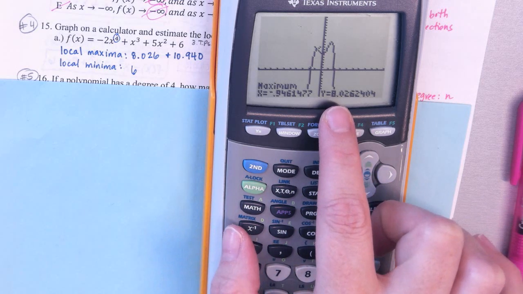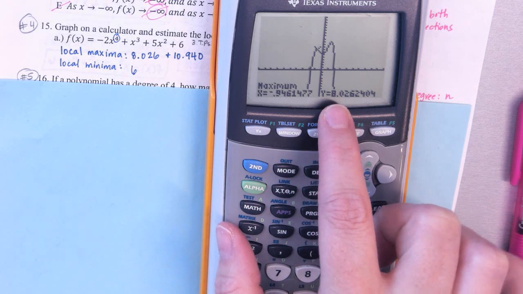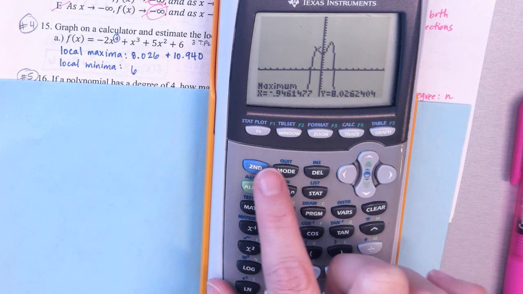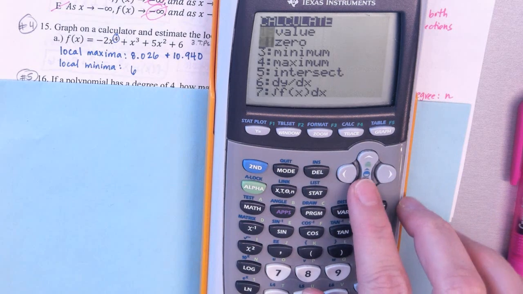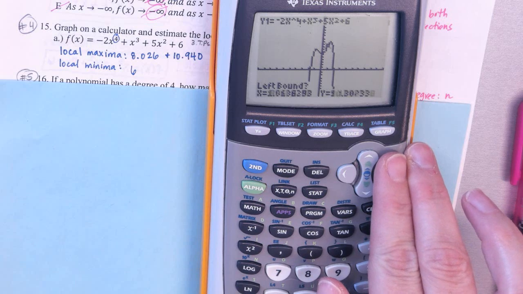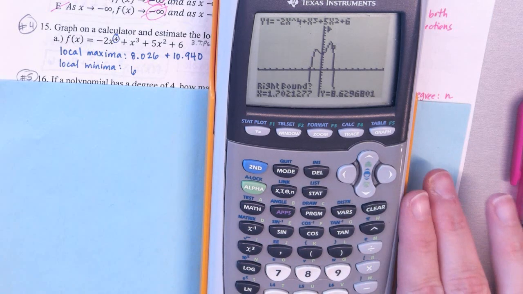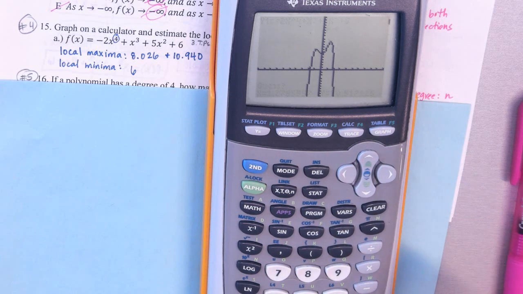Remember, the maxima is the y-coordinate. So that's where we're getting the 8.026, and then we would do that again for the second one. This time you go to the left of the second one and to the right, and try to get right on there. And there you go, the 10.940.